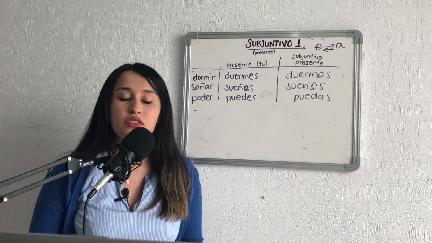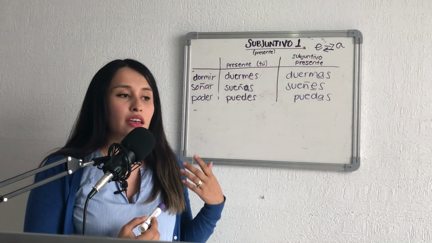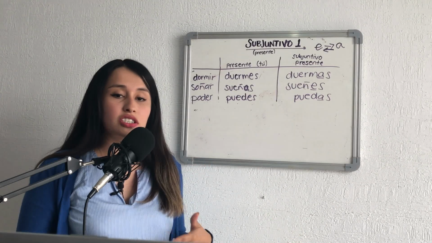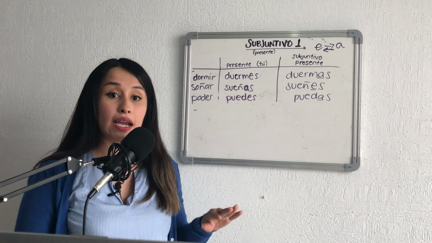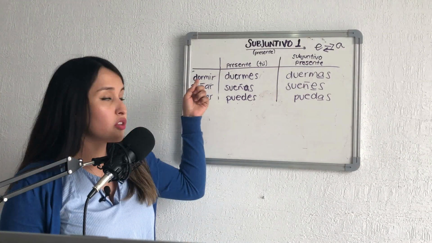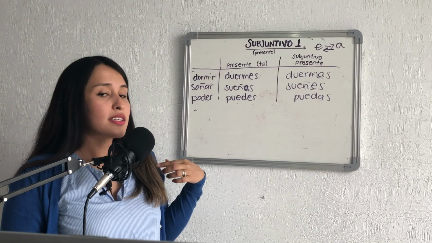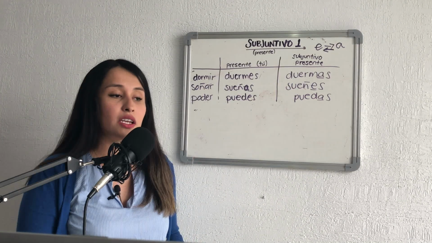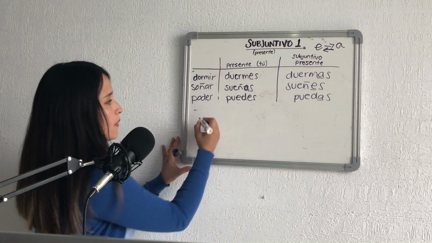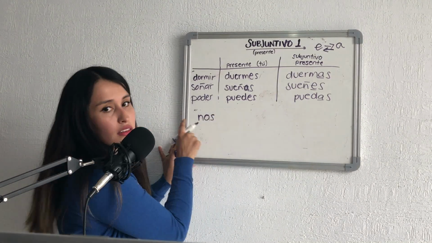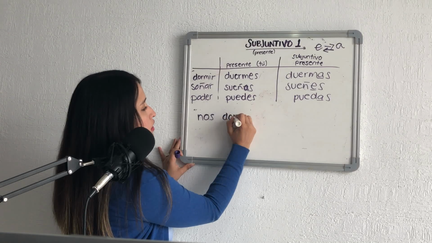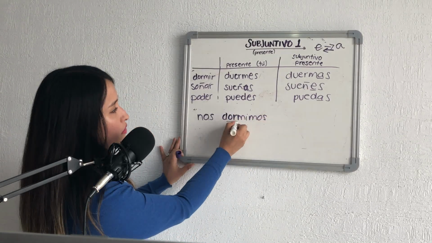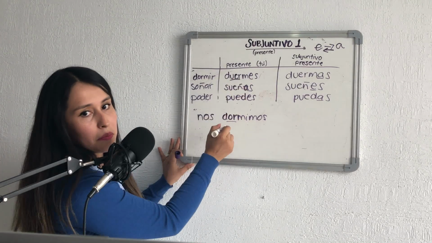And something important to tell is that the verbs with nosotros, when they are irregular, when we conjugate with nosotros, they go back to being regular. What that means is that dormir is in the present, tú duermes, right? But with nosotros, it's going to be nosotros dormimos. Dormimos. So it's not the same.